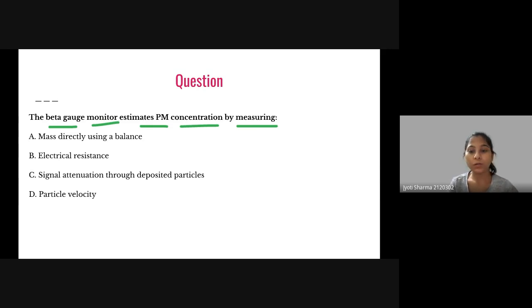So till now we talked about the cyclone, and we talked about the high volume sampler based on the impactor. The third one is the beta gauge monitor. So what happens in the beta gauge monitor, and how does it estimate particulate matter concentration?